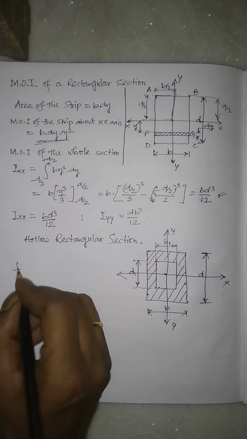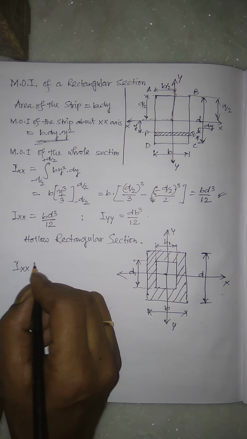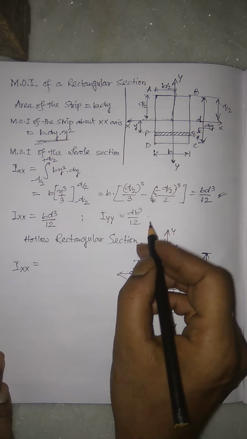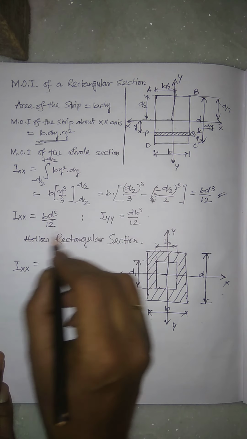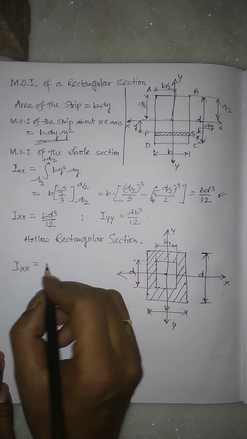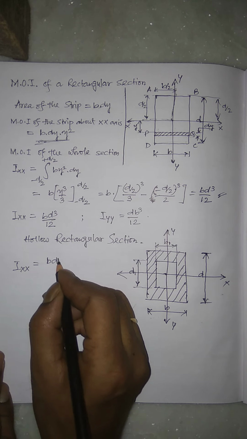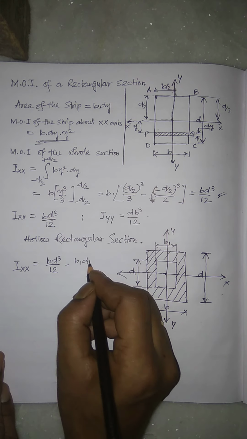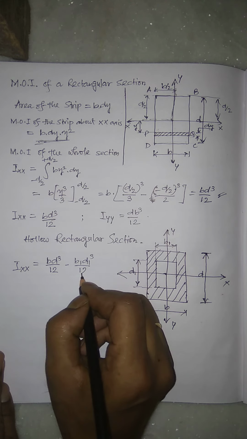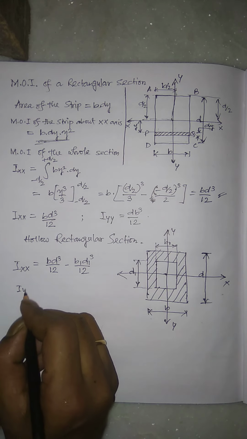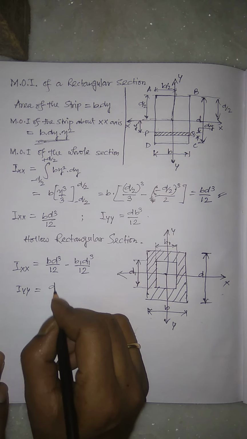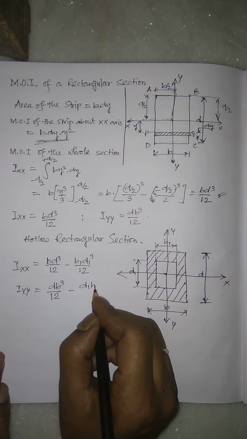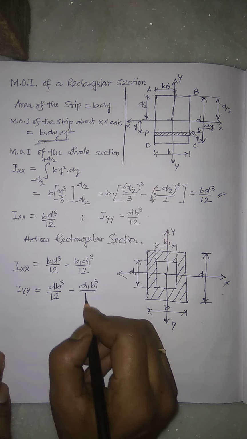Now the moment of inertia with respect to the x-axis of this hollow rectangular section is Ixx equal to bd cube by 12 minus b1 d1 cube by 12. Similarly, Iyy is equal to db cube by 12 minus d1 b1 cube by 12.